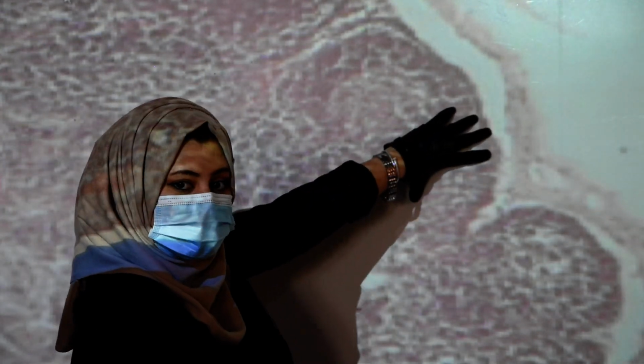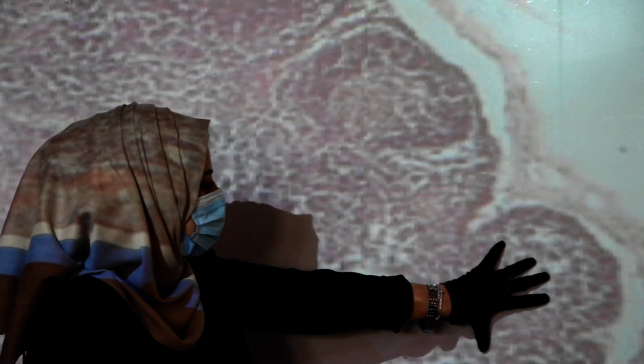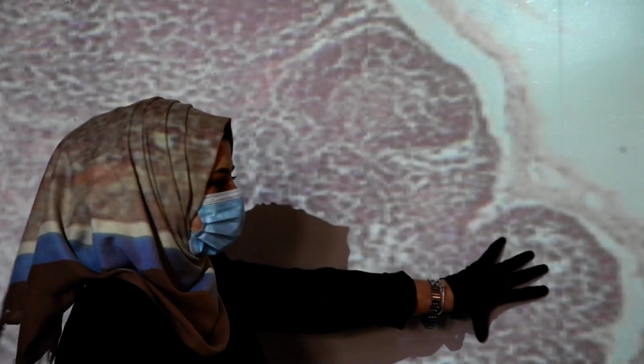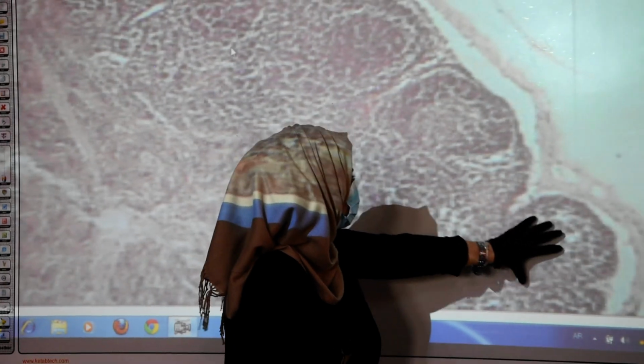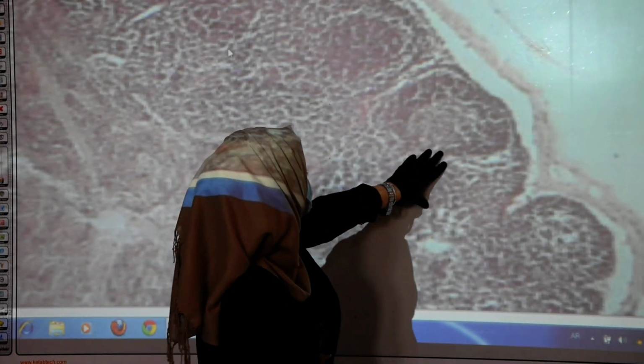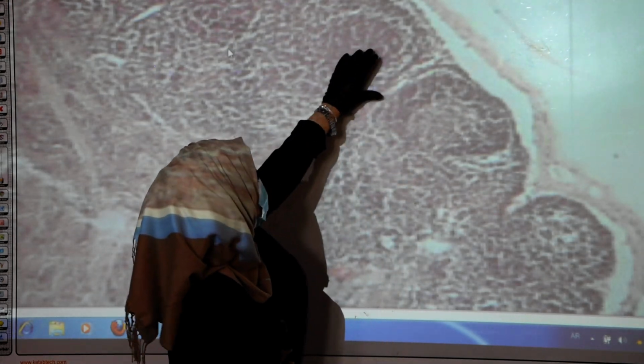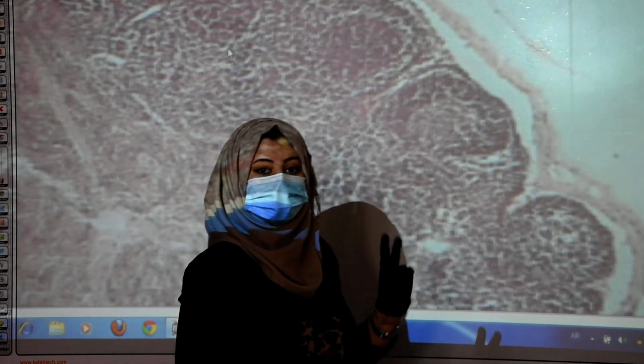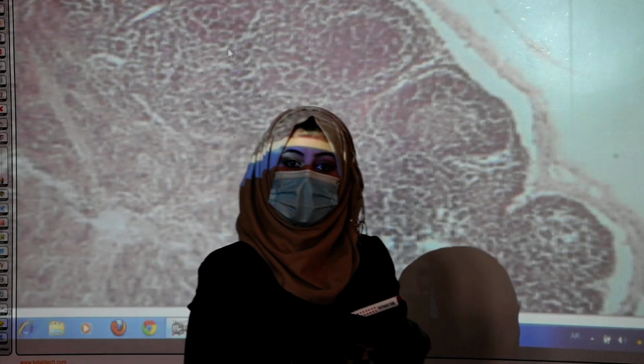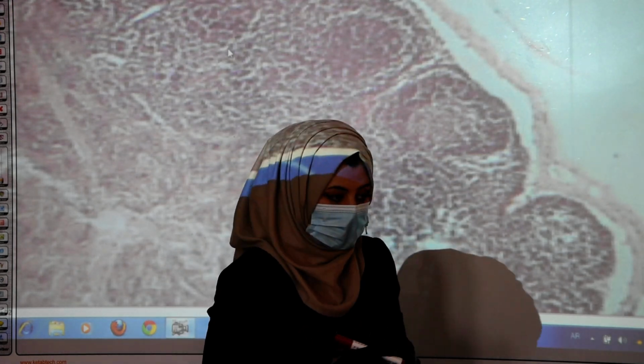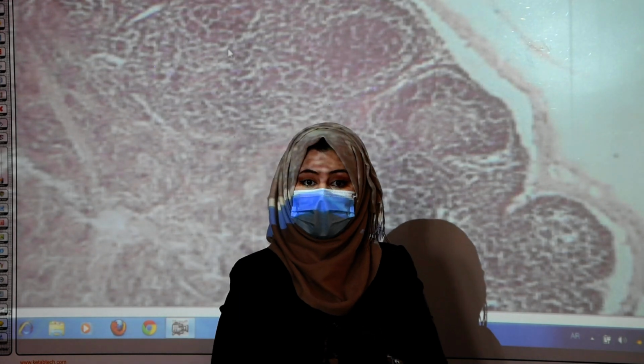The cortex is considered the house of the lymphoid follicles or lymphoid nodules. Okay? These structures are lymphoid follicles or lymphoid nodules. We have two types of lymphoid nodules, primary and secondary. In the primary, we can find two types of cells, B lymphocytes and B memory lymphocytes. But in the secondary, we can find B memory cells, in addition to the plasma cells.